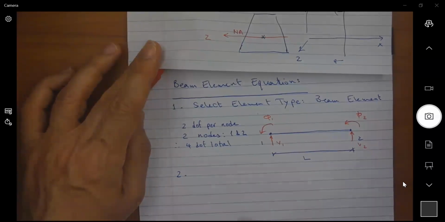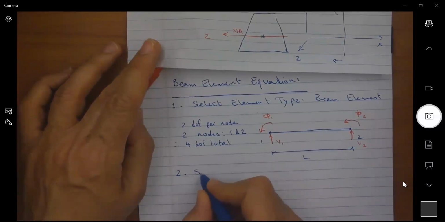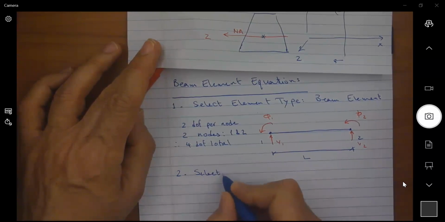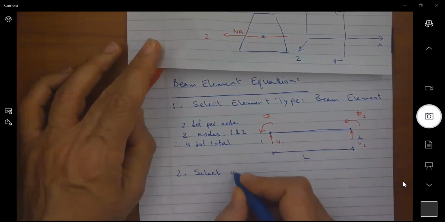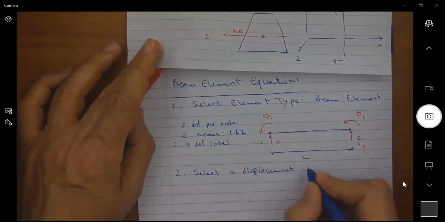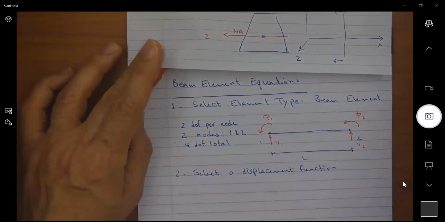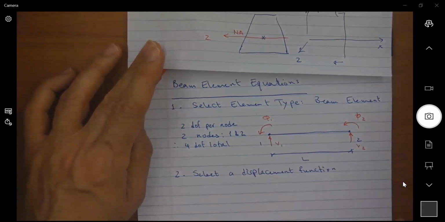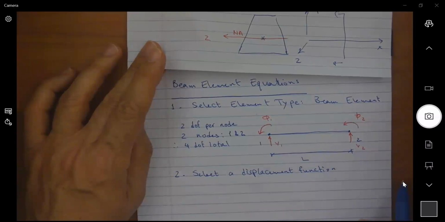Step number 2, we want to select a displacement function. Both V1 and V2 are in the same direction, which is the positive y direction, right?